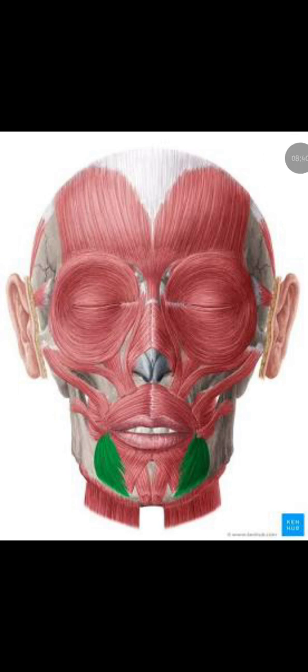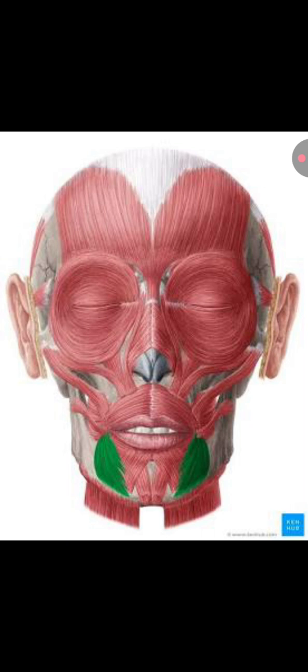Depressor anguli oris, another depressy, stressy, frowny muscle. It depresses, depressor. It's at an angle, anguli, and it's at the mouth because oris.